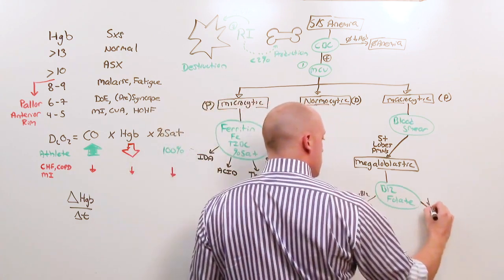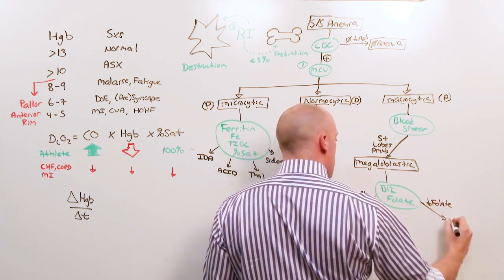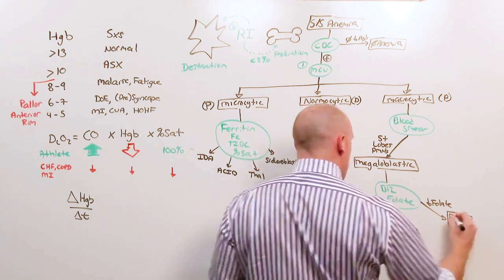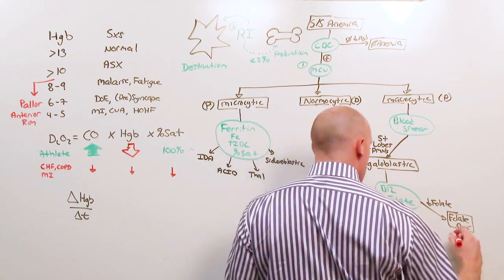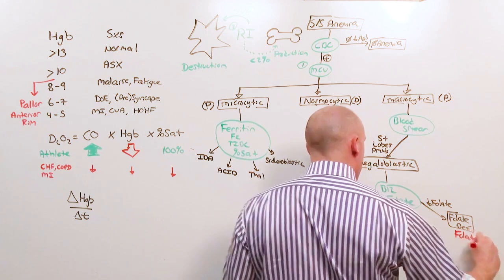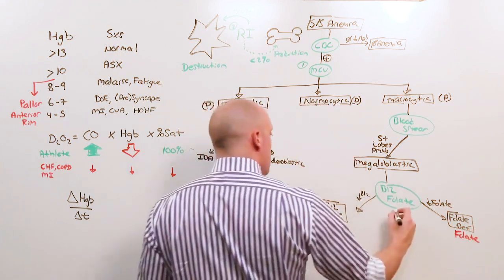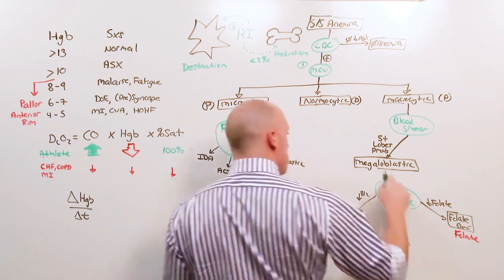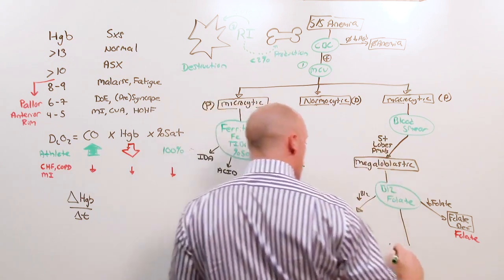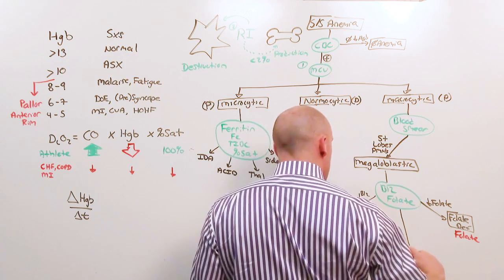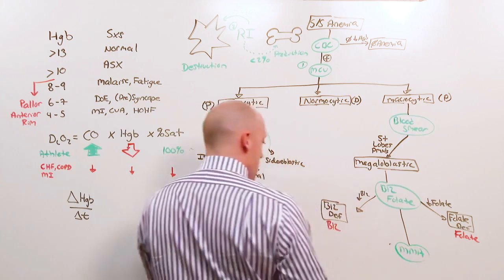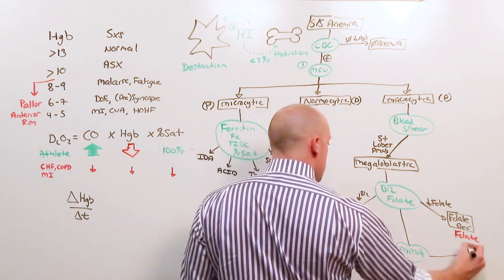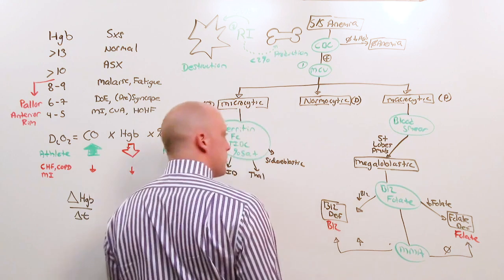If your folate is low, you have a folic acid deficiency, and you simply replete folate. If the values are equivocal, and you're not sure which one it is, but you've diagnosed megaloblastosis by 5 or more lobes on your neutrophils, you get the methylmalonic acid. The methylmalonic acid is elevated in B12. It is not elevated in folic acid deficiency.